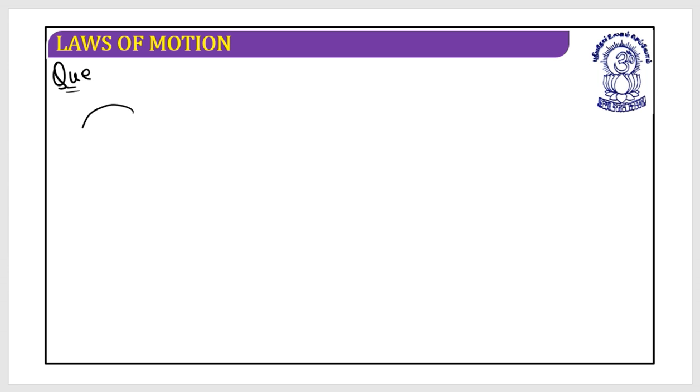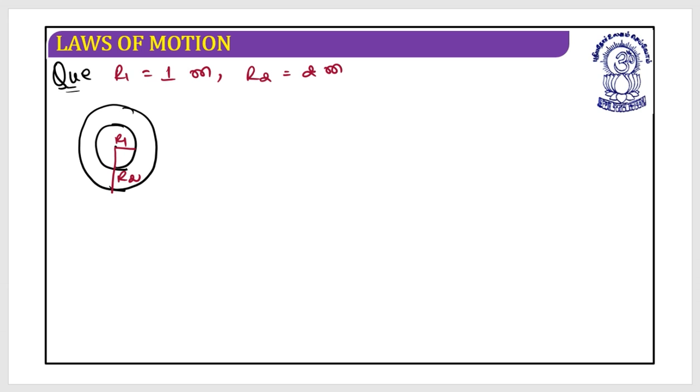Let's suppose two concentric circles are there, this one is R1, this one is R2. They have given that R1 is 1 meter, R2 is 2 meter. Two particles are there.